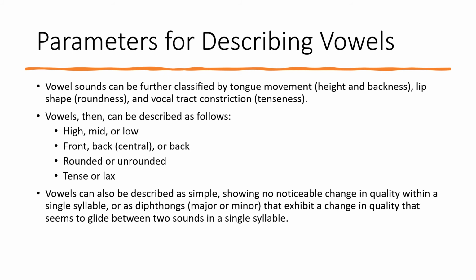Those sounds glide together. If you feel it slide in your mouth, you feel your tongue move, buy, right? As your tongue rises in your mouth, okay? And that would be a major diphthong.